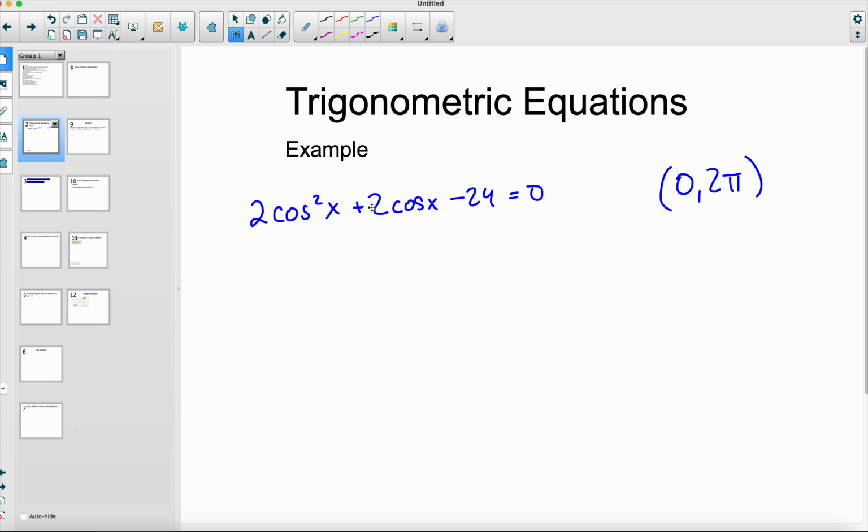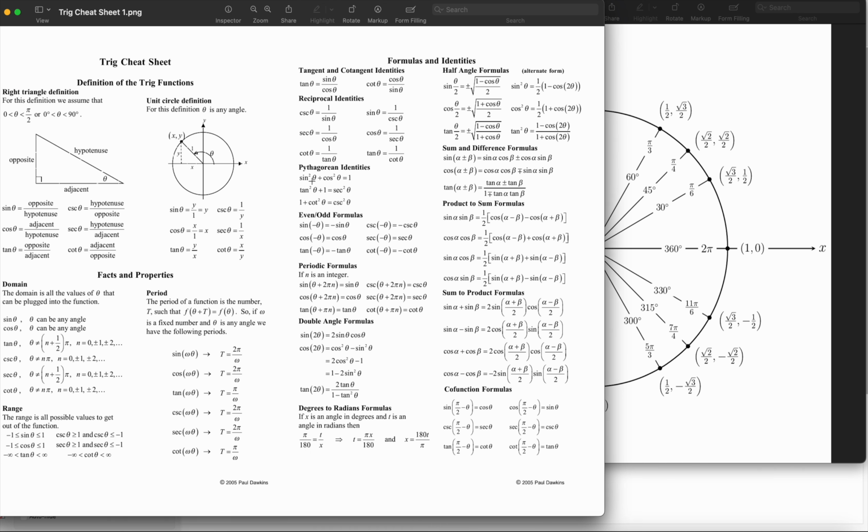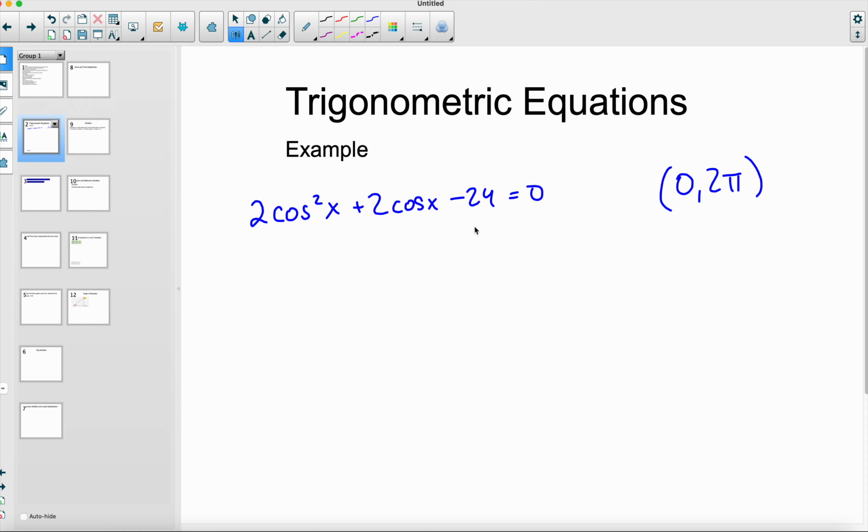Lucky for me, this is already all cosine. I don't have a sine and a cosine. If this was sine squared, for example, though, I could potentially use my Pythagorean identity to rewrite sine squared in terms of cosine squared. And then I could manipulate this all as one trig function.